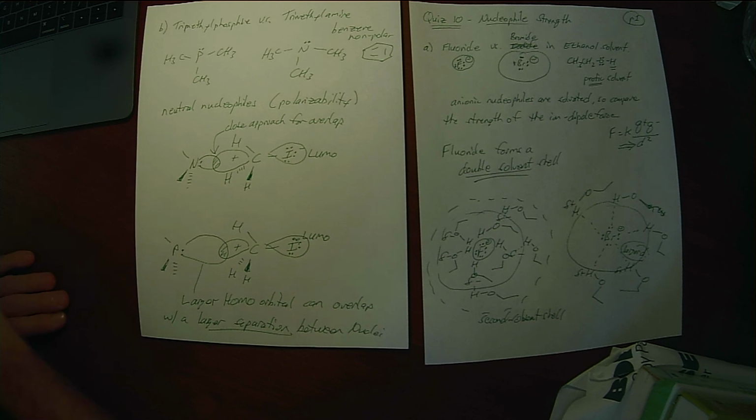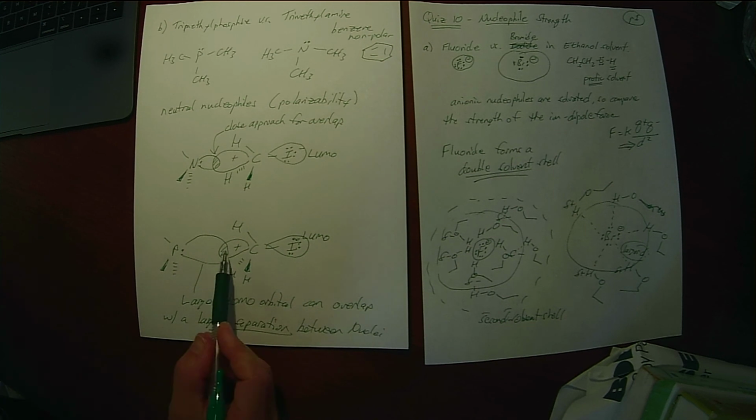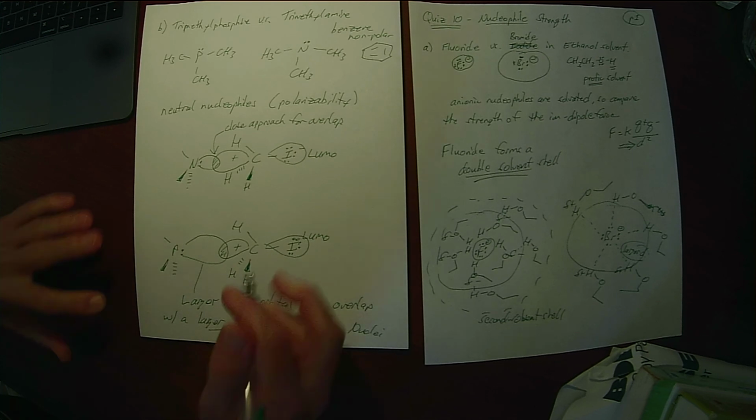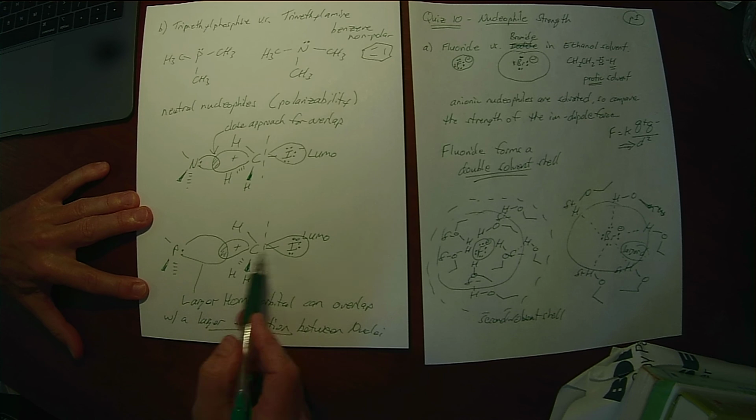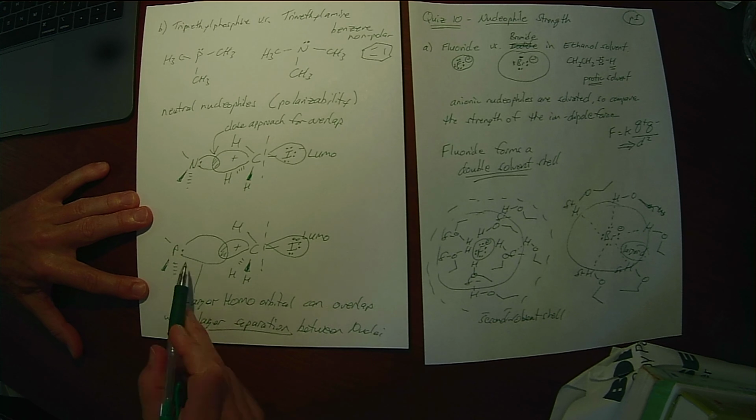You don't want the nuclei to get too close, because once they get too close, they start repelling each other. So here you can start breaking that bond, because there's a node here. If you donate electrons into that LUMO orbital, you're going to start breaking that carbon-iodine bond, without the nucleus having to get too close.